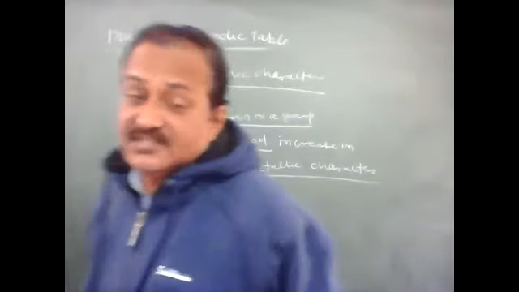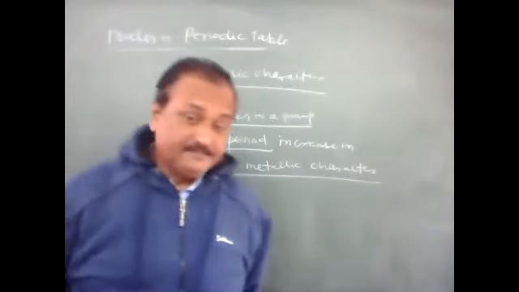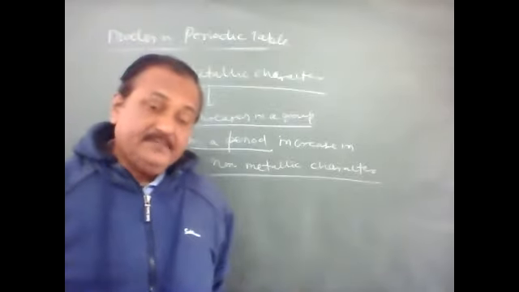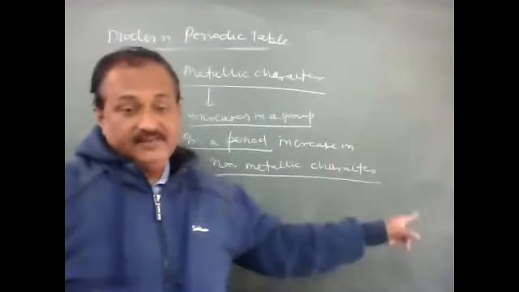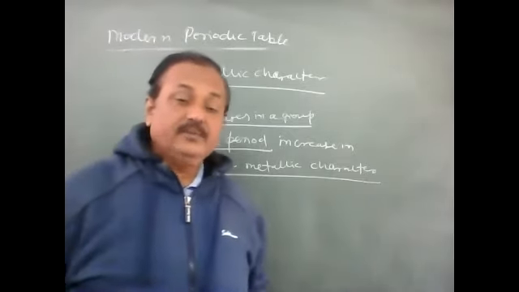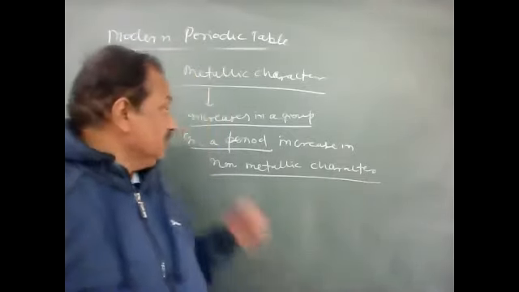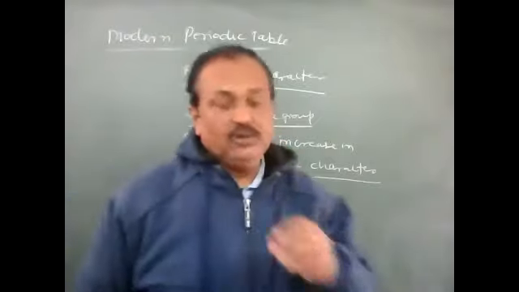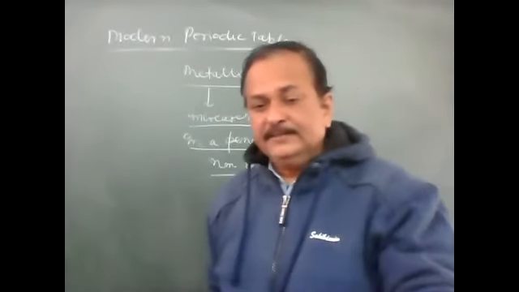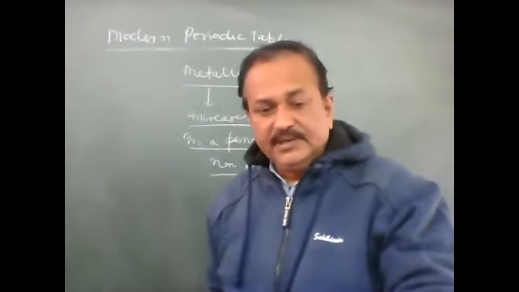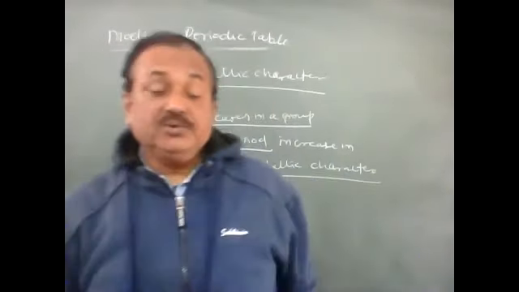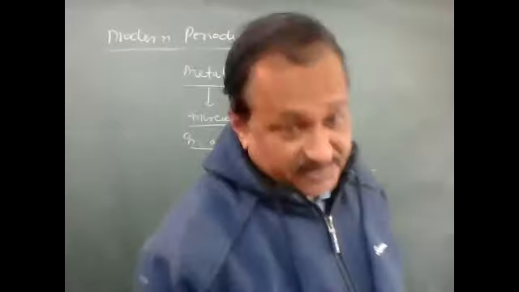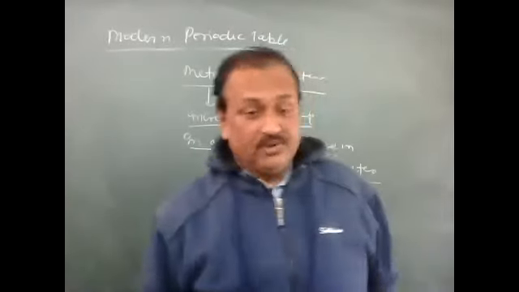So there is just a reversal in the condition: in a period the non-metallic character increases from left to right because the nucleus becomes more and more stronger, and so this is the metallic and non-metallic character in this atomic classification. Now I'm going to take the next point in the modern periodic table.